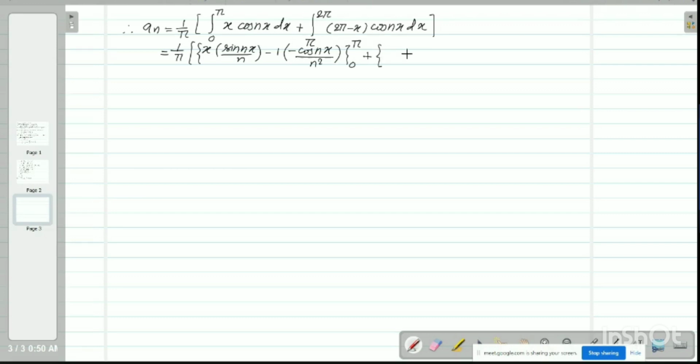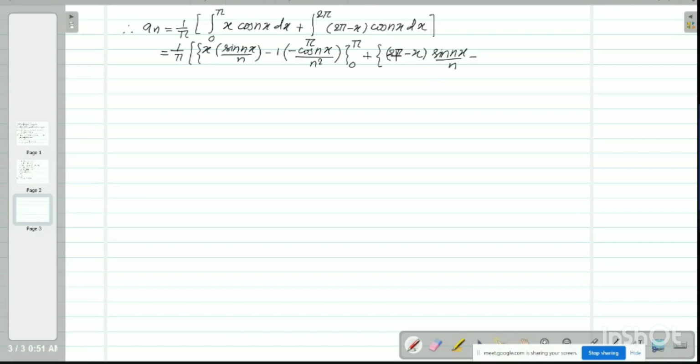Now the second one. So this is u, this is v. So 2 pi minus x. The integration of cos is sine nx by n, minus the derivative of this.